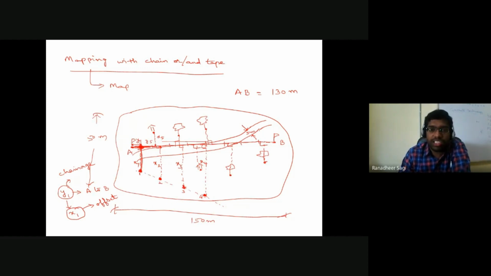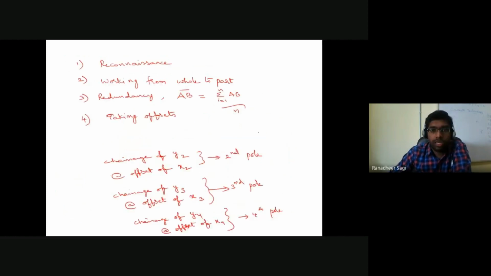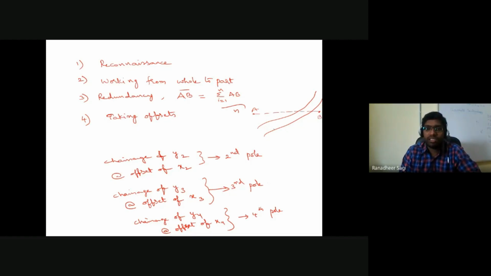So for that, let me go to some space here just to make you understand. Let's say this is how my road was. I'm just trying to exaggerate it so that we can clearly understand. This is the position of point A. Somewhere here is the position of point B. This is that line AB we were looking at. The road may not be like this in my previous picture, but this just gives an idea of how to take the offsets from your road position.